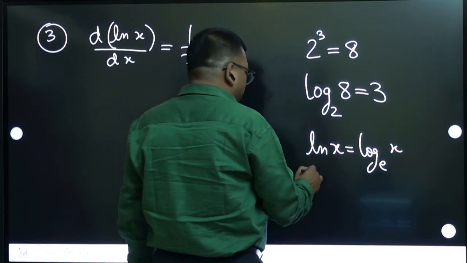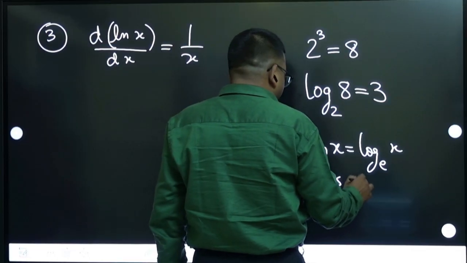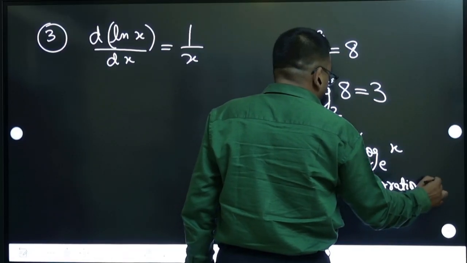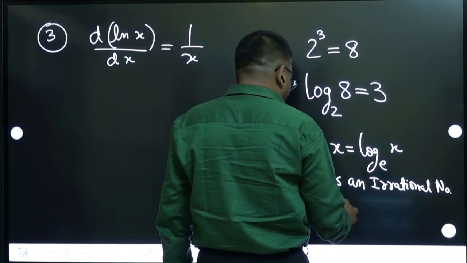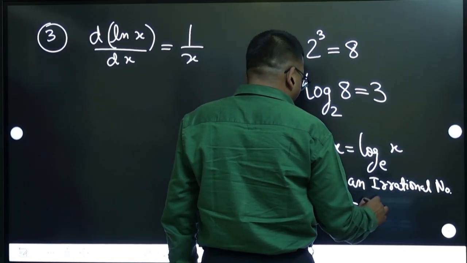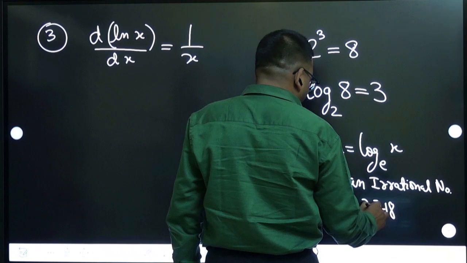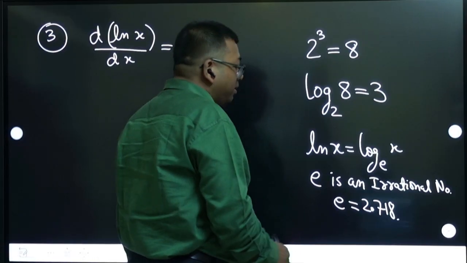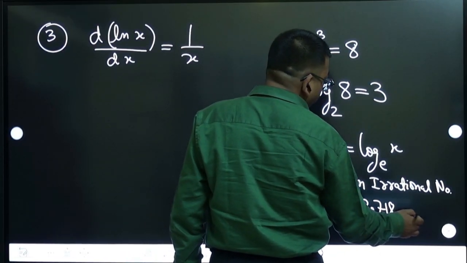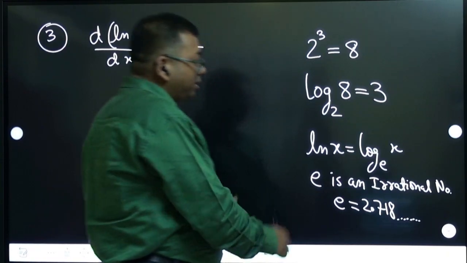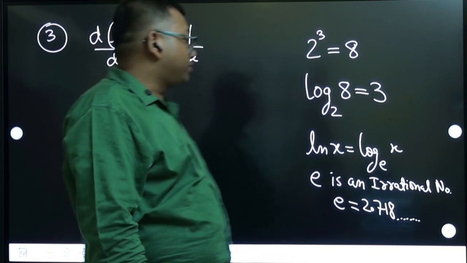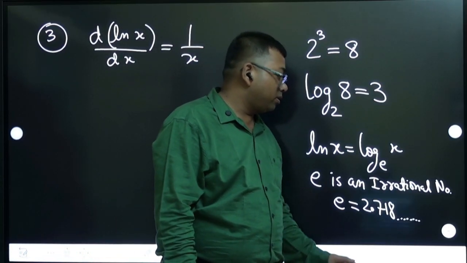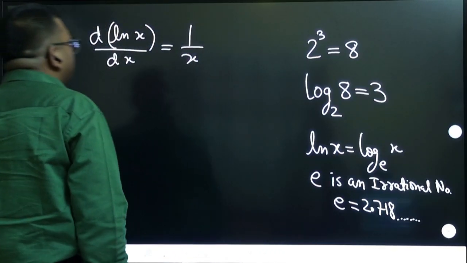So note here that e is an irrational number, and the value of e is nearly 2.718 dot dot dot. It goes on. Okay, because it's an irrational number, it will never stop. It will continue after the decimal. It will never end, neither will it repeat.